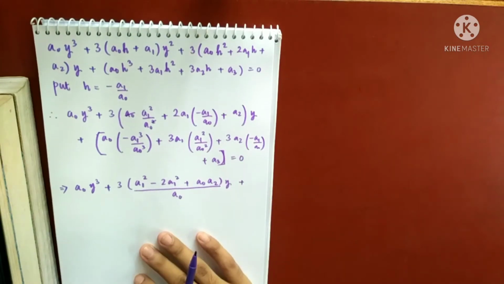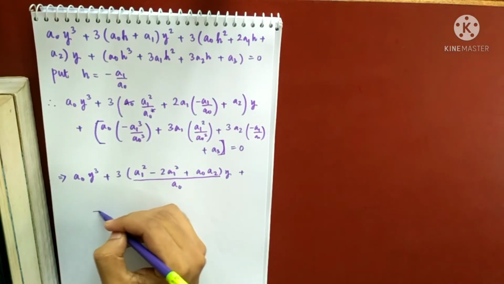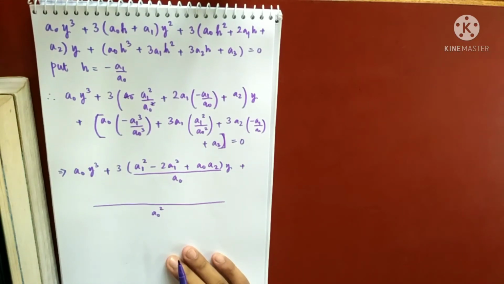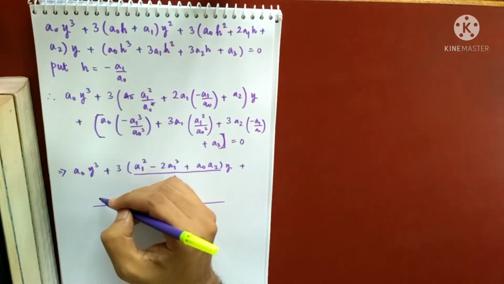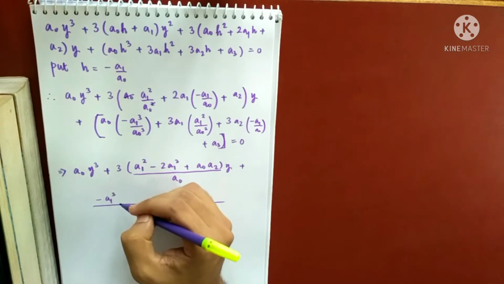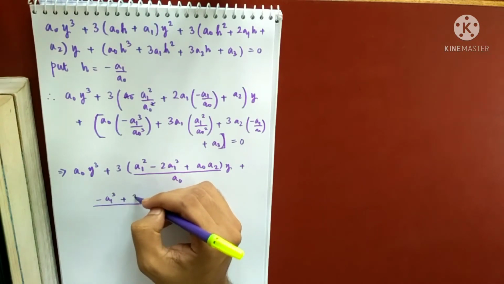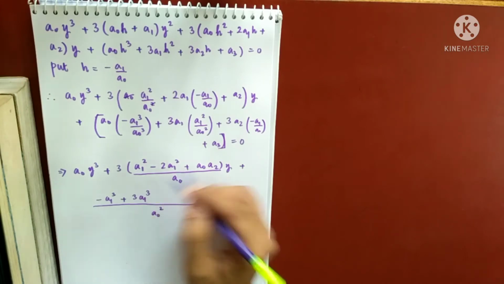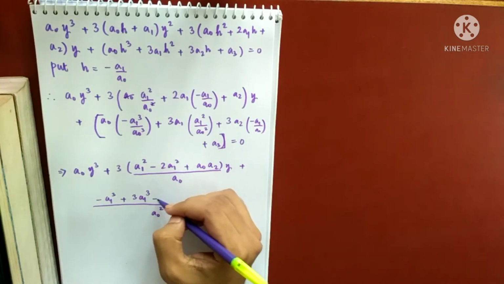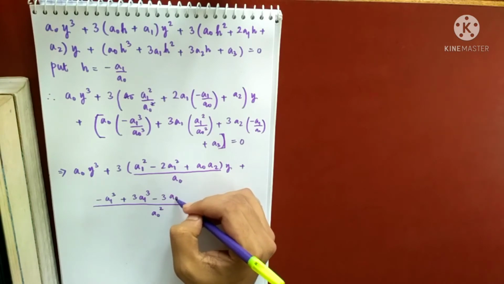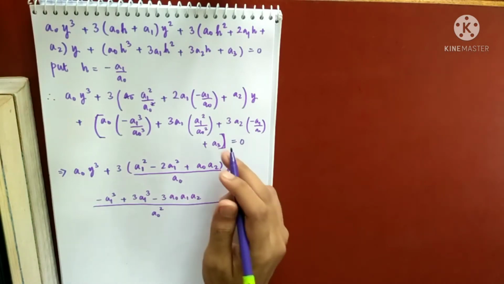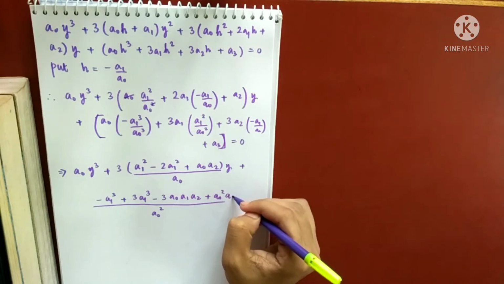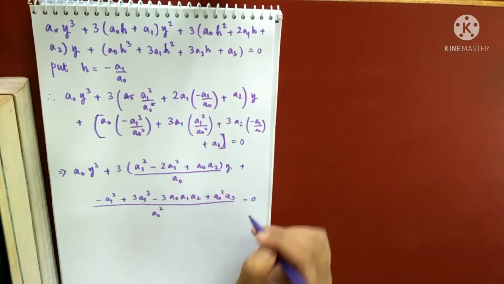So LCM will be a naught square, because this is getting cancelled. So here I'll remain with minus a1 cube plus 3 times a1 cube, minus 3 a naught a1 a2, and there a naught square a3 equals to 0.